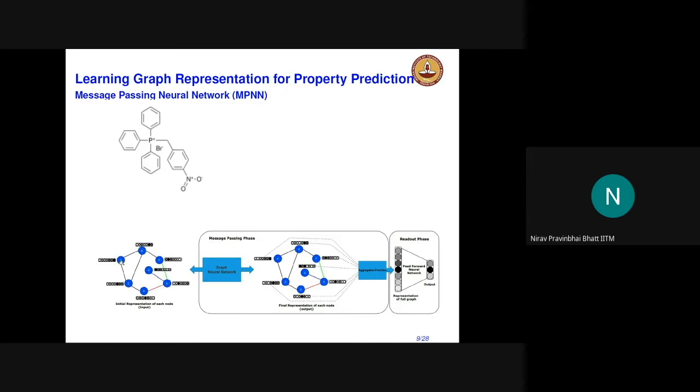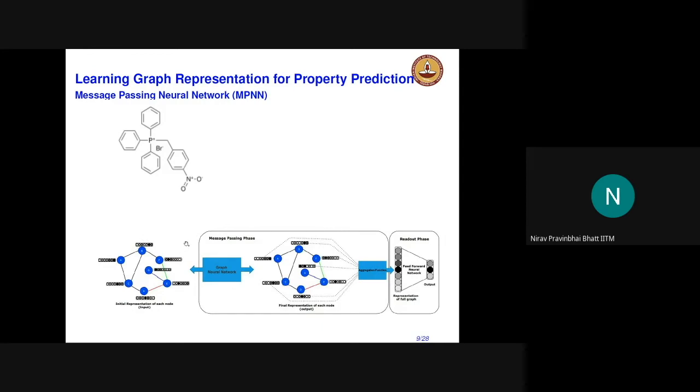Similarly, for B there is a different characteristic, for C a different characteristic, for D a different characteristic, for E, and vice versa. Now, with this, I have an initial setup where I have represented my molecule as a graph, with certain properties associated with each node.